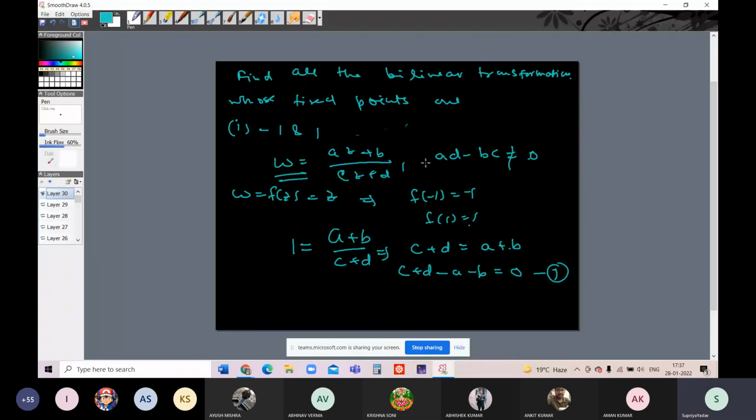Again, solving it for minus 1. You know that for z is equal to minus 1, w is also minus 1. So minus a plus b upon minus c plus d equals minus 1. This will be c minus d plus a minus b equal to 0. So solve these two equations, 1 and 2.